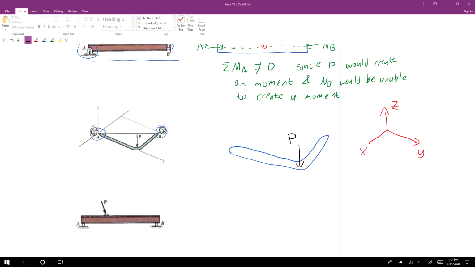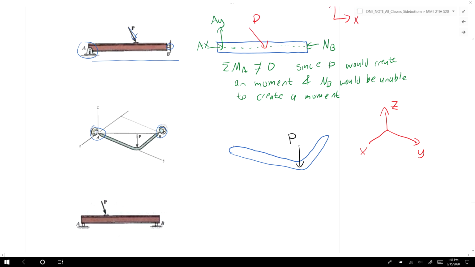And we'll apply our reaction forces. All right, so at A, we'll have 3 forces, AX, AY, and AZ. At B, we would also have BZ, BX, and BY.